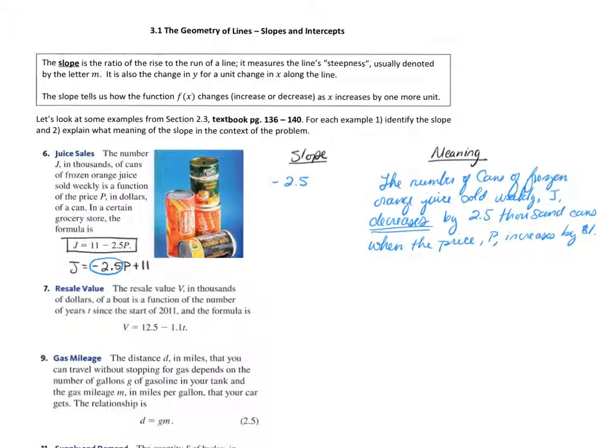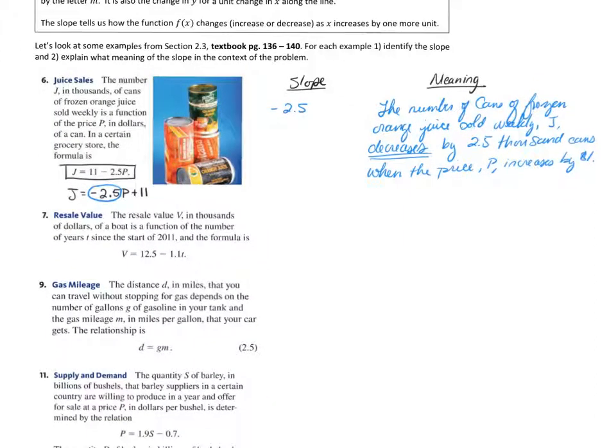Okay? Let's take a look at example 7. The resale value V in thousands of dollars of a boat is a function of the number of years T since the start of 2011. And we're given another formula. V is equal to 12.5 minus 1.1T.